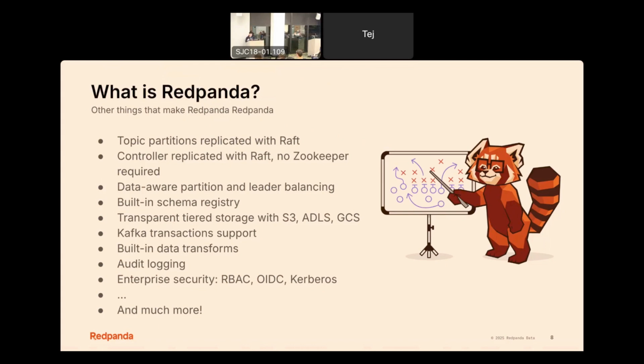We have automatic data-aware partition and leader rebalancing. We have a built-in schema registry, which I'll touch on in the next slide. Within the storage layer, we have tiered storage, which transparently offloads historical data to object storage. We have Kafka-compatible transaction support, audit logging, enterprise security for both authorization and authentication, and much, much more.